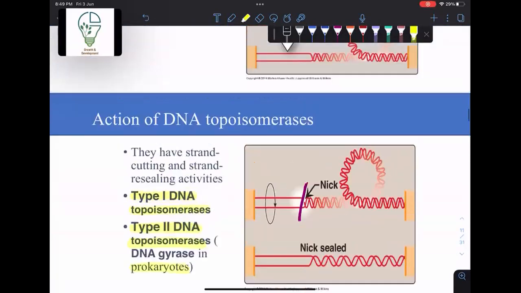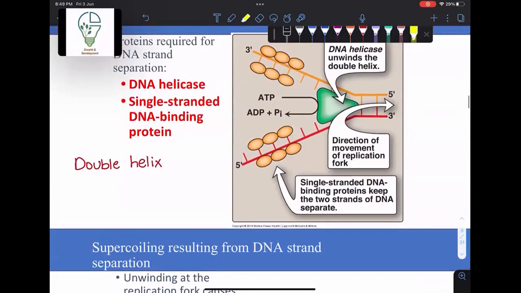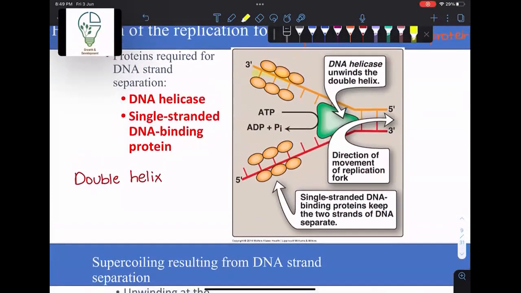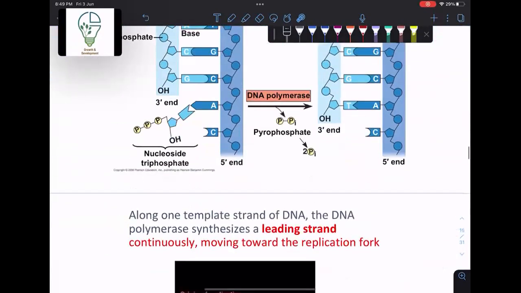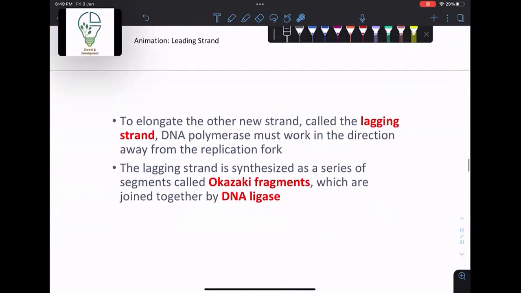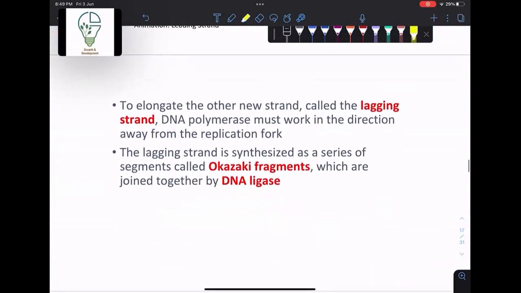So let's try seeing here. Do we have an image? Yeah, so this is going to be the older DNA, okay? And then the new DNA, we will start forming it here. So the new strand that is built, another name for it is the lagging strand, okay?